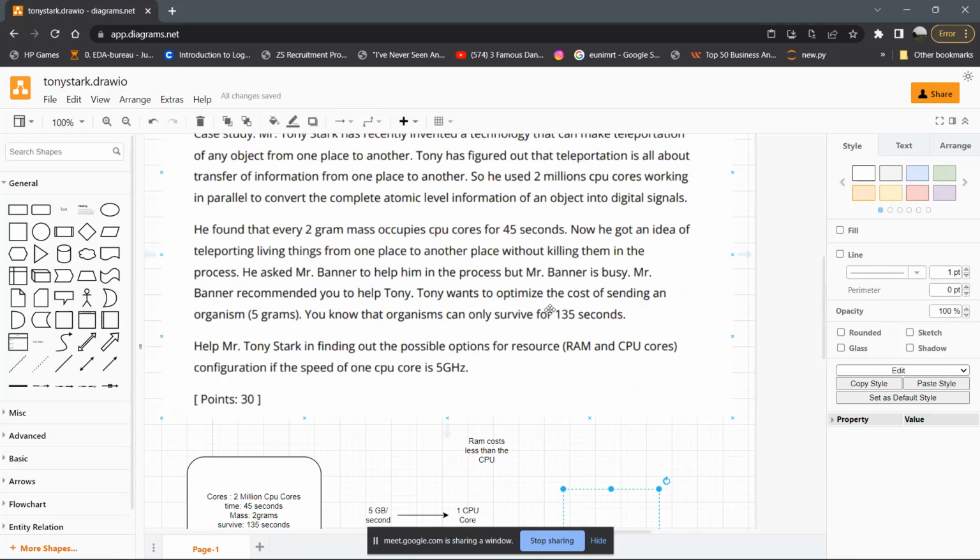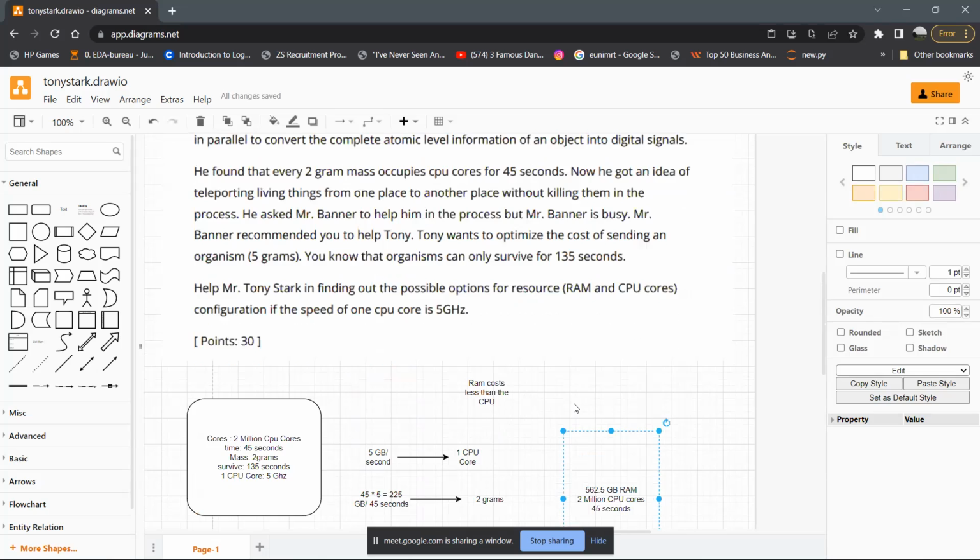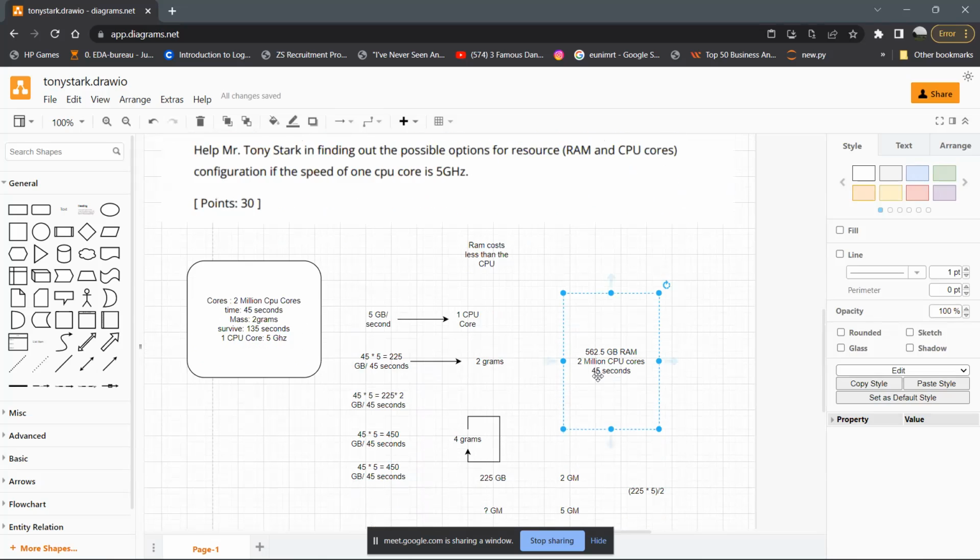We can go till 135 seconds. So is this an optimized solution, or should we reduce the number of CPU cores and get to 135 seconds? We should reduce the number of cores and get to 135 seconds.